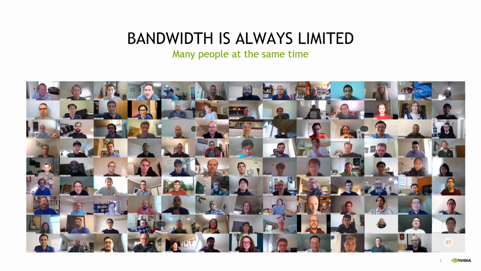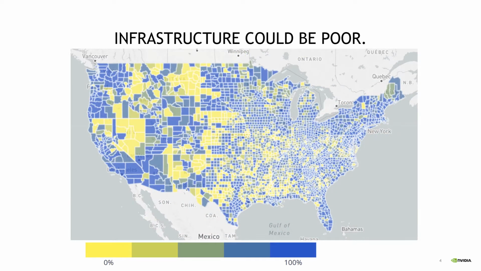Although broadband access has become more widely available, as more people are using video conferencing apps, bandwidth is still limited. Ideally, we want to have unlimited bandwidth so that we can accommodate as many people as possible. Also, infrastructure could be poor. Not everywhere has broadband access.